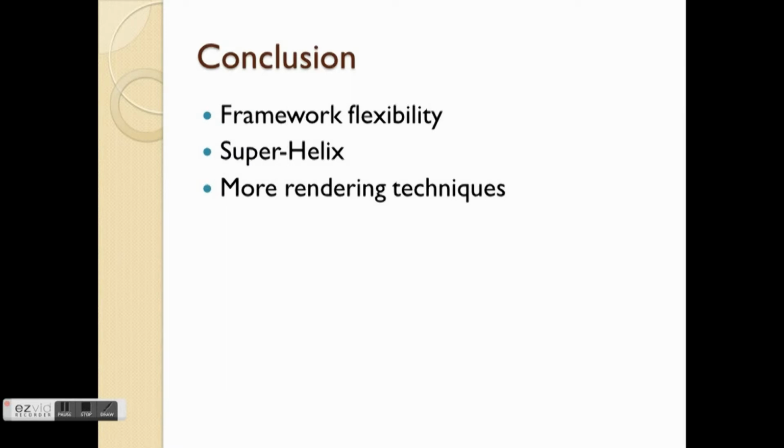For example, if we want to implement the super helix model, we can implement it on the computing pipeline, then replace our original simulation components by using our newer simulation model. Then we can have more rendering techniques. For example, we can create the shadows for our hair strands to generate a more real result. And that's the end. Thank you.